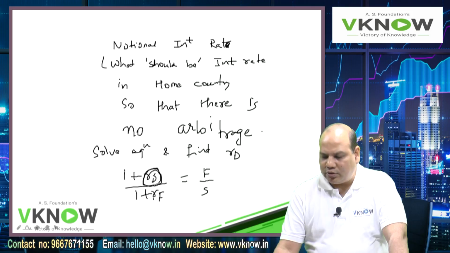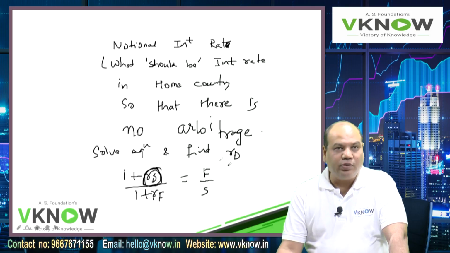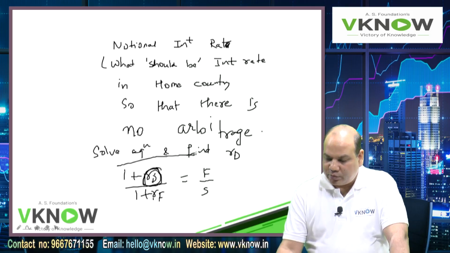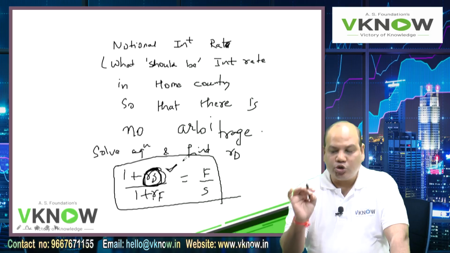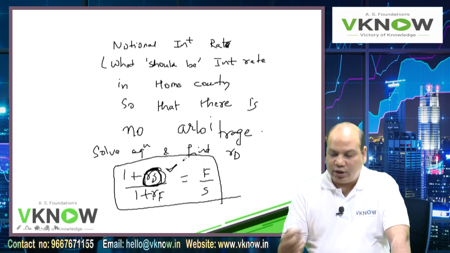What should be that rate of interest in domestic country so that arbitrage opportunity will not arise. Arbitrage opportunity will not arise if this equation is satisfied. Okay. So step 1 will be finding the notional interest rate in home country such that there is no arbitrage opportunity. So now I have got the notional interest rate. This is what it should be, and this I will compare with the actual interest rate.